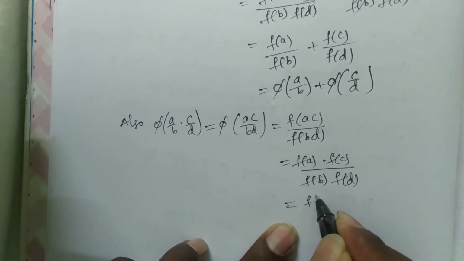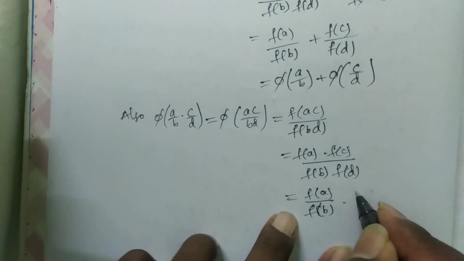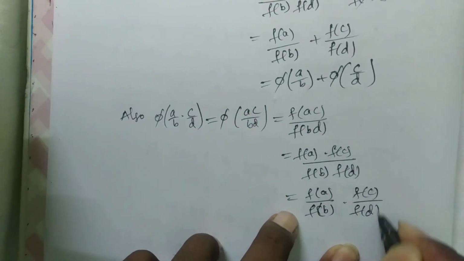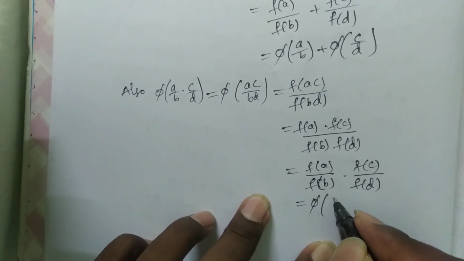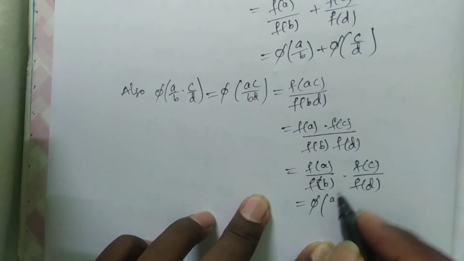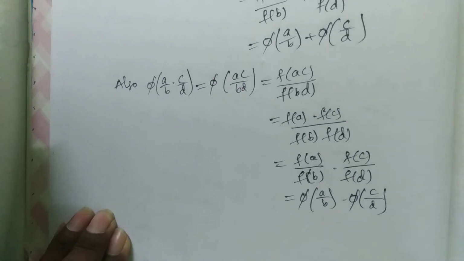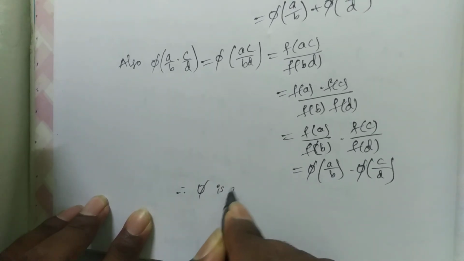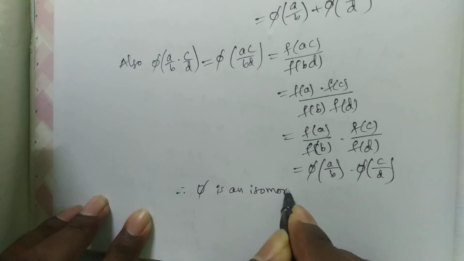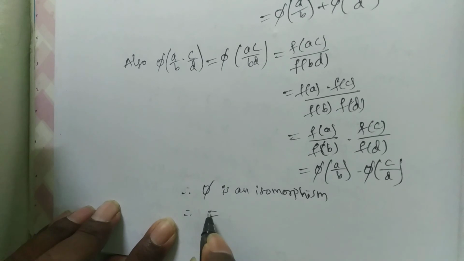That equals f of a by f of b into f of c by f of d, that equals pi of a by b into pi of c by d. Therefore pi is an isomorphism. Therefore F is isomorphic to F dash.